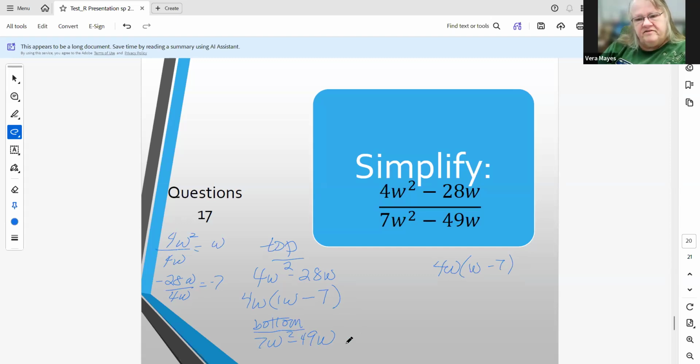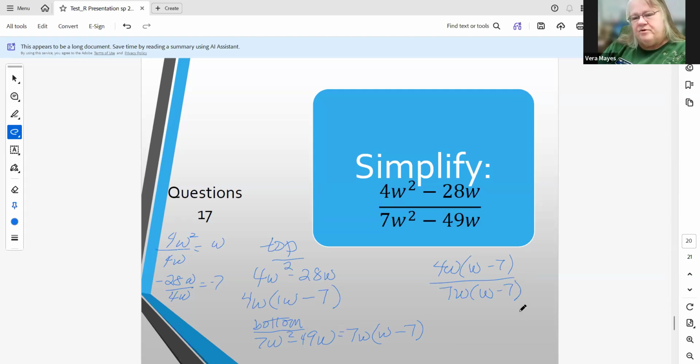So they both have a 7. They both have at least one W. So 7W squared, if I take 7 divided by 7, I get 1. I pull one of the W's out, I'm left with 1 W, minus 49 divided by 7 is a 7. I only had 1 W, and I pulled it to the front. So here's our bottom.